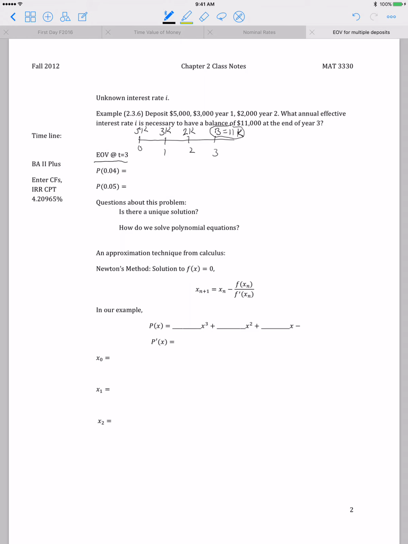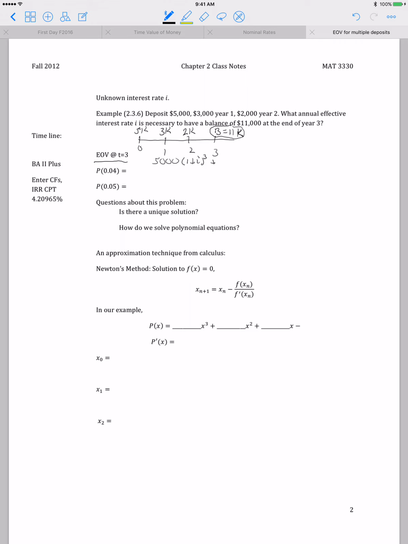Well, at time t equal to 3 we have to accumulate all of these contributions, and that has to be the balance at time 3. So 5,000, we need to accumulate it at (1 + i)^3. We don't know what i is.